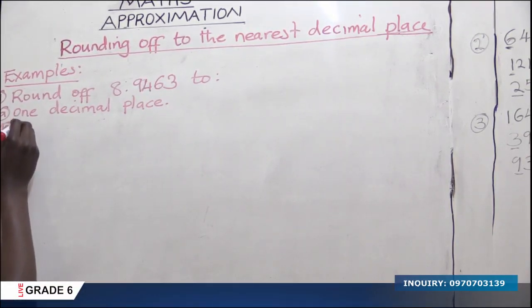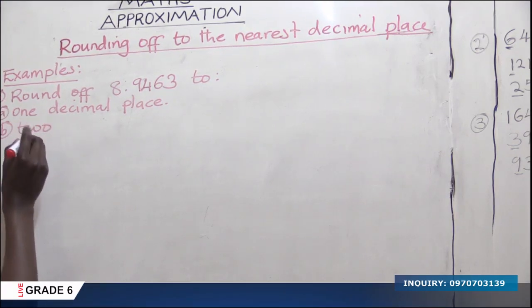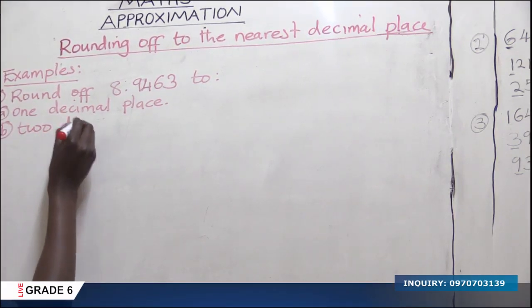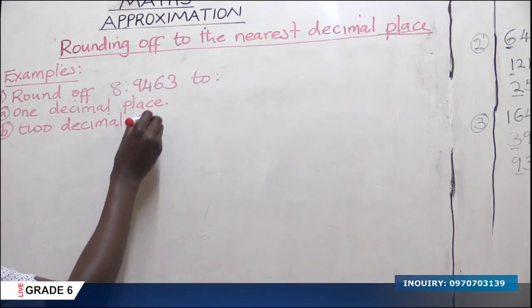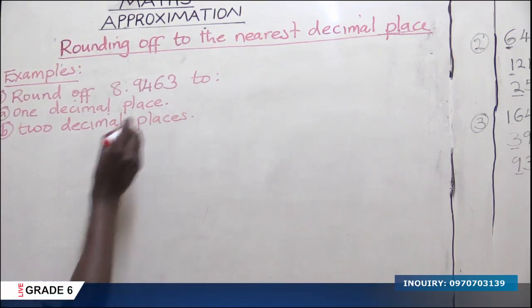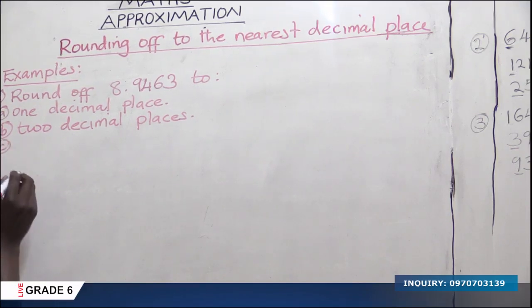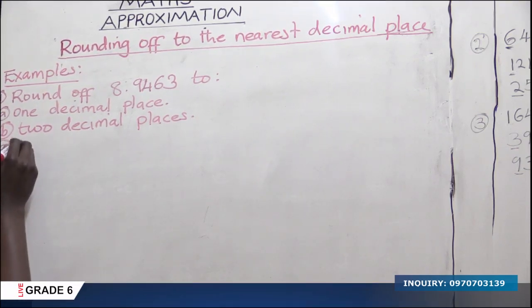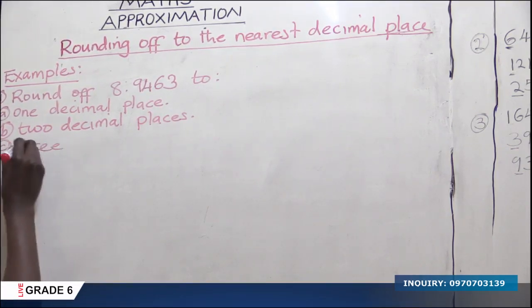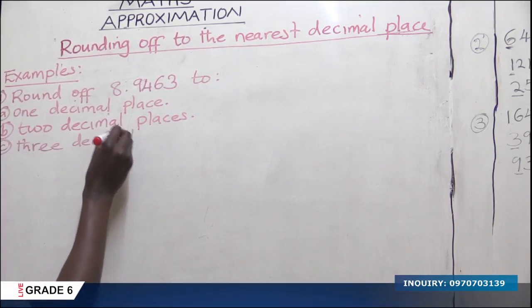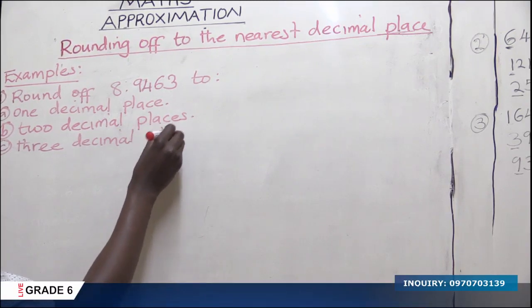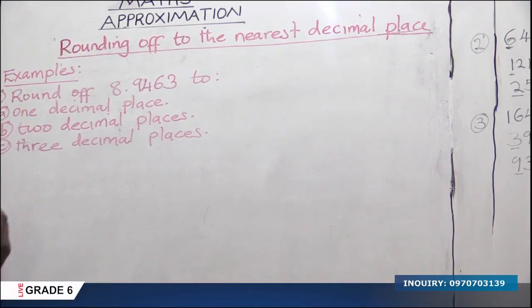B, 2 decimal places. C, 3 decimal places.